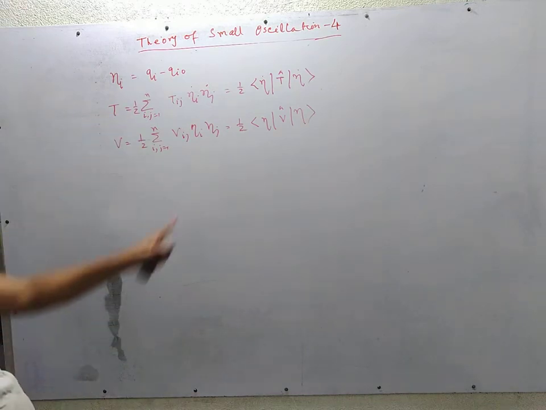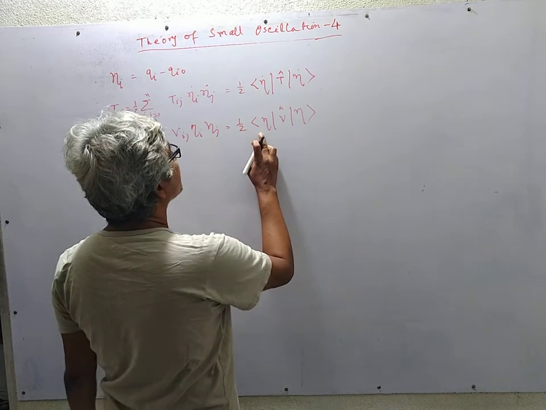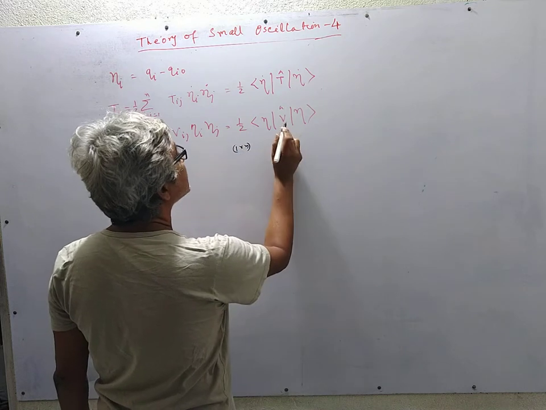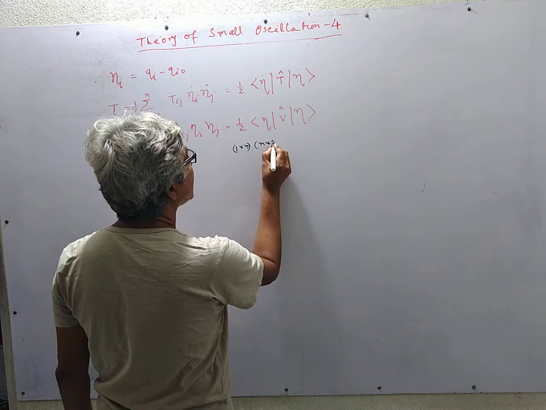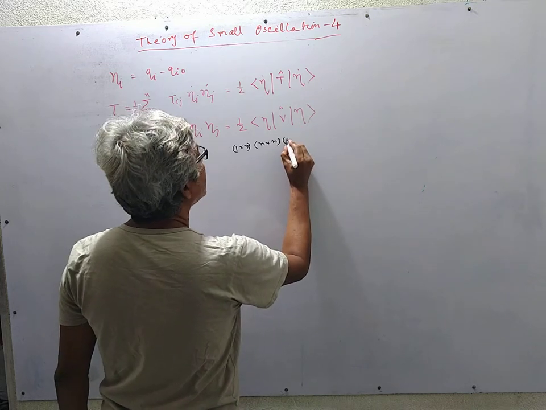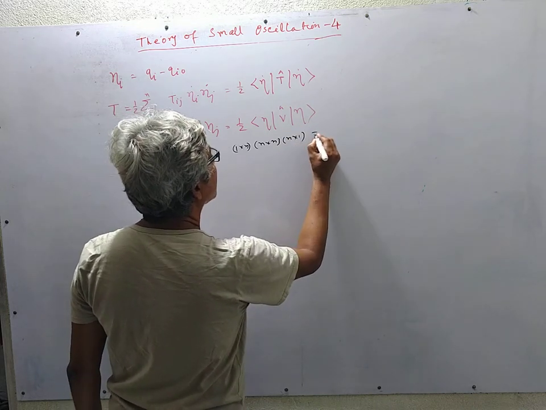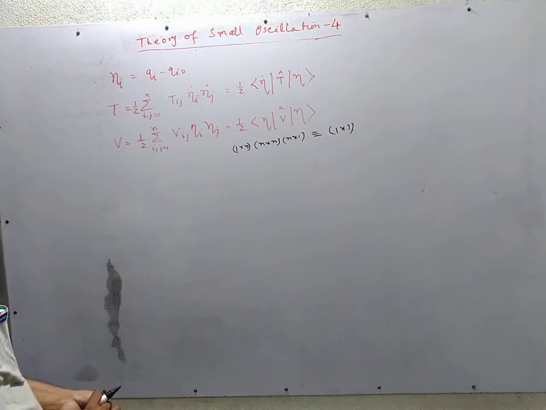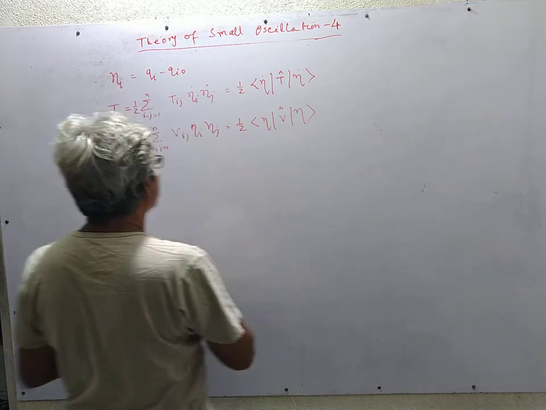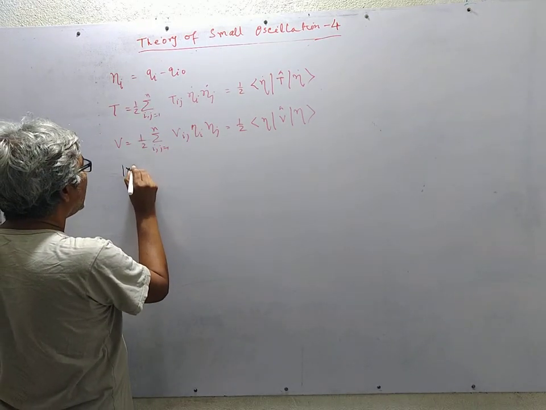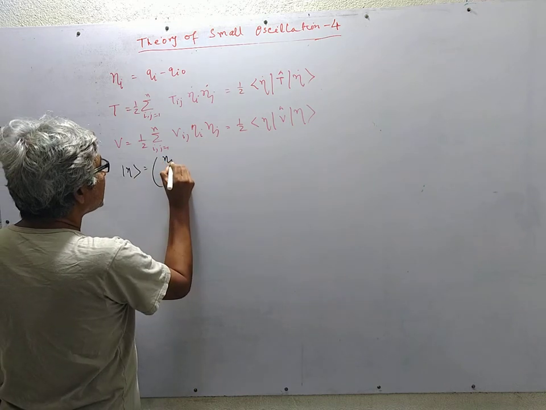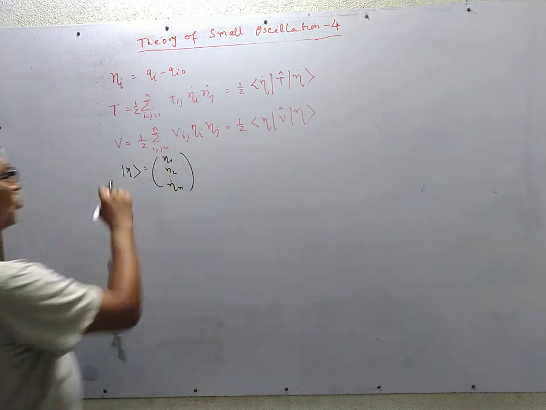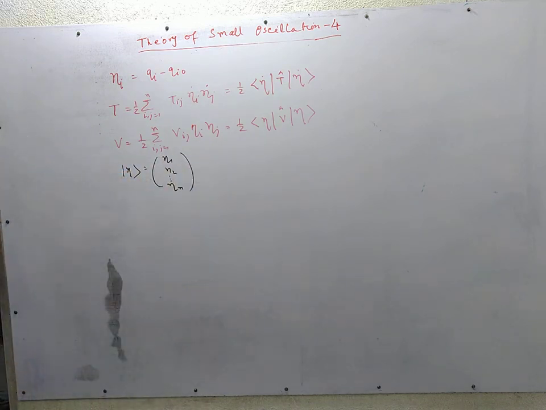If we perform the dimensionality analysis, this is a row matrix, so it is a 1 by n matrix. This is a square Hermitian n cross n matrix, and this is an n cross 1 column matrix. So the resultant matrix is 1 cross 1, which is a scalar. Furthermore, we define the ket eta as eta 1, eta 2 up to eta n, and the bra eta is the corresponding row matrix.